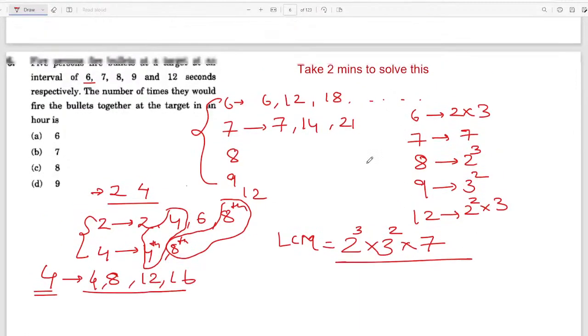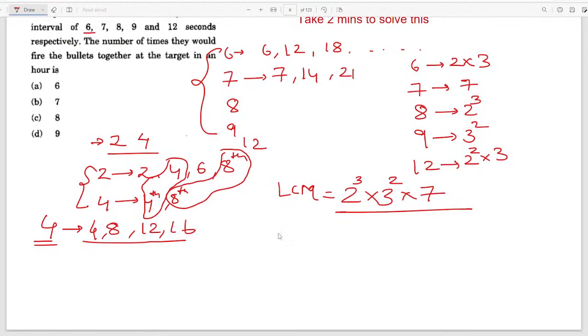Now they are asking how many times they will fire at the target in an hour. In 1 hour there are 60 minutes, and in every minute there are 60 seconds. Totally there would be 3600 seconds.